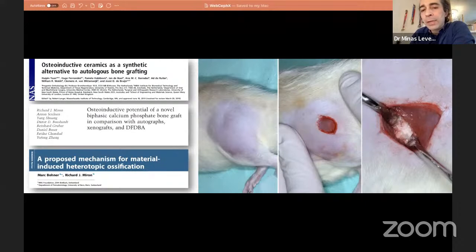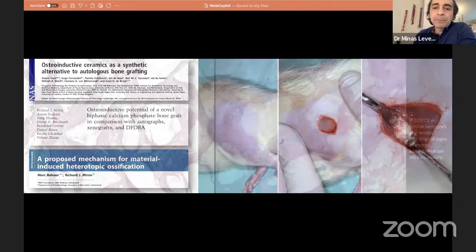If we want to prove that a material is inductive in science, the only way is to do, again, animal studies, and we need this time to place the material not into a bone defect, but the opposite. We have to place the material in an area where there is no bone at all. So we place the material under the skin, or even better, inside the muscle. In the experiments we have done, we open the muscle and we place the calcium phosphate material into the muscle.